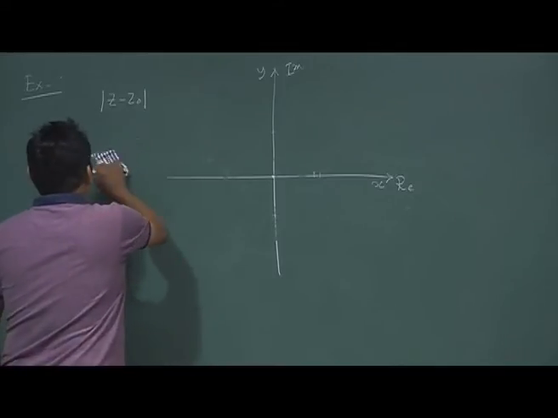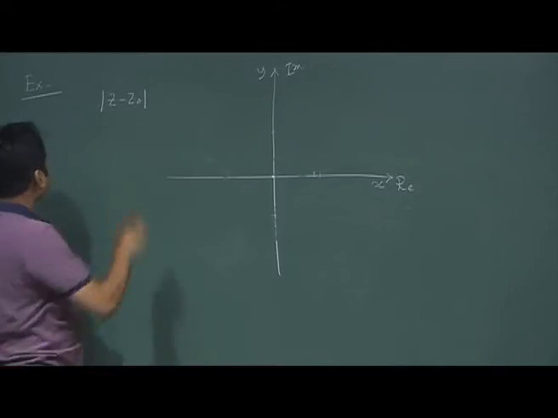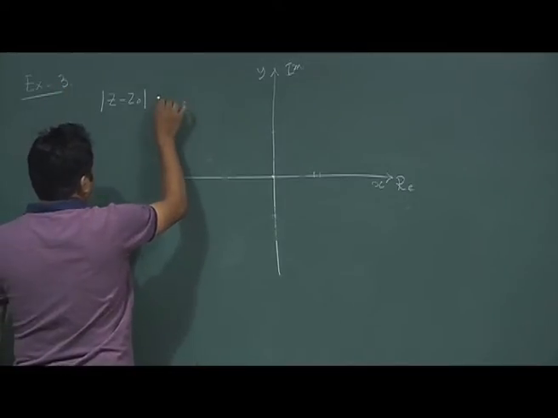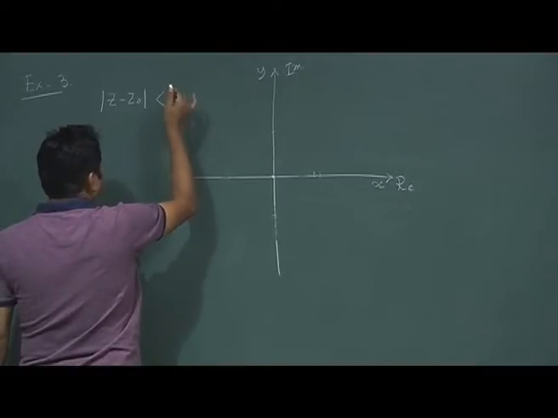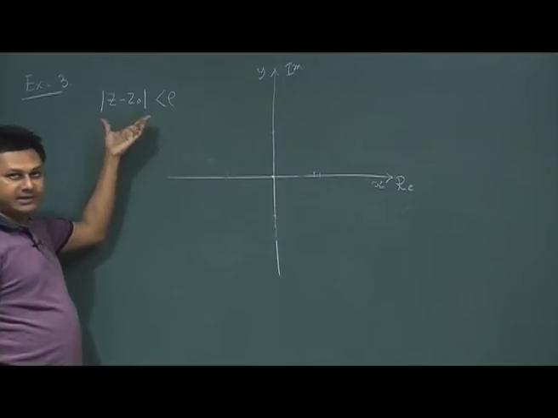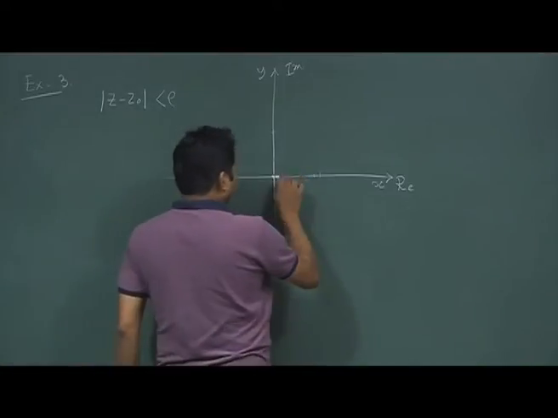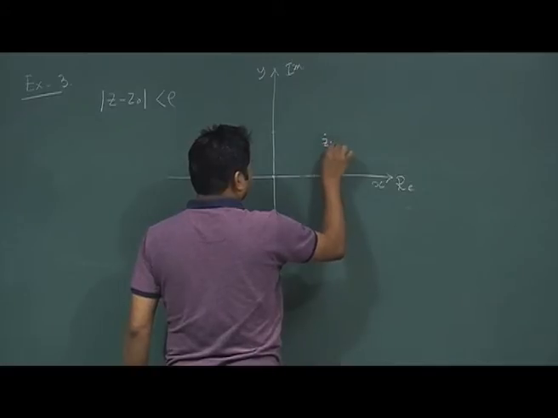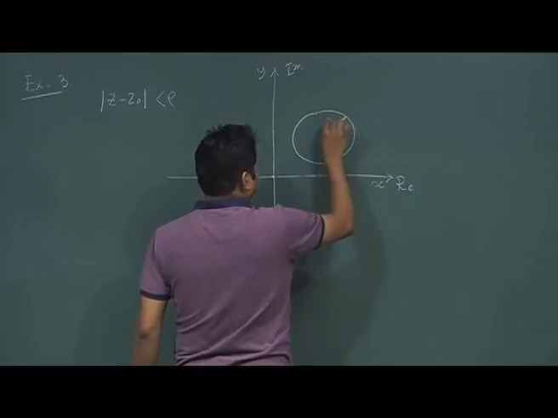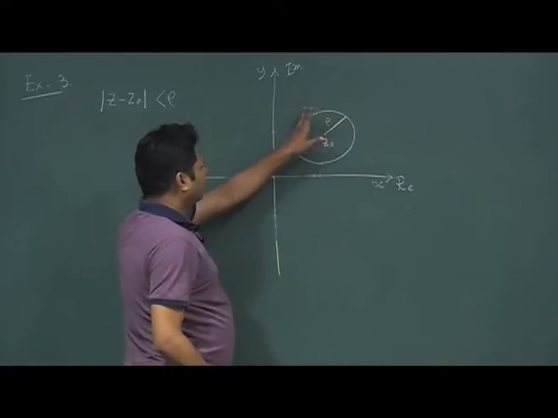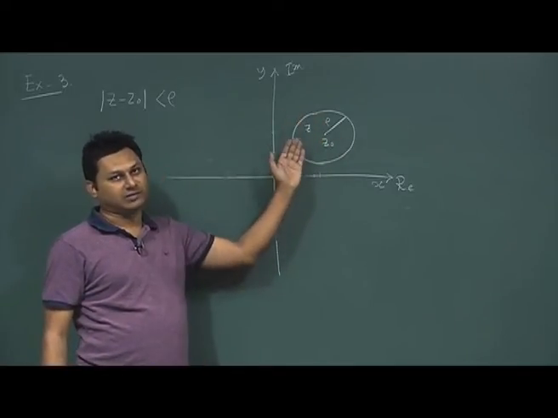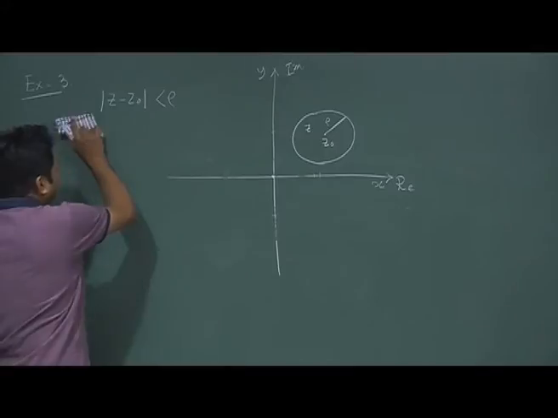So next, example 3, say mod of z minus z0 is less than rho. The previous example, exactly the previous example, is nothing but I have a point z0 here. I just shift my coordinate system. I have a circle over here. This is my rho. So all the z inside this circle follow this. So I am talking about this region. That's all. So I am not going to discuss this anymore.